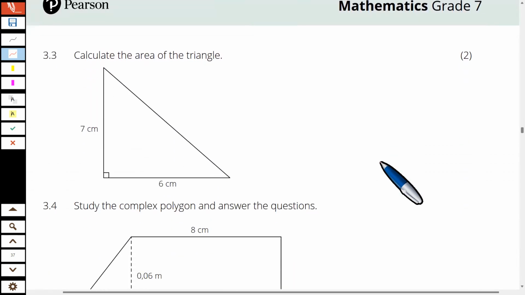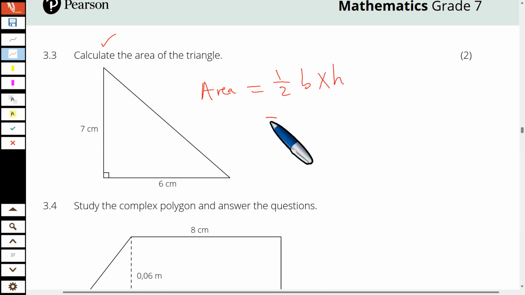Here we have the area of a triangle. Calculate the area of the triangle. Okay. Right, so to find the area of the triangle, we can compute with ease. So area here in 3.3 is the same as what? Area is actually half base times height.